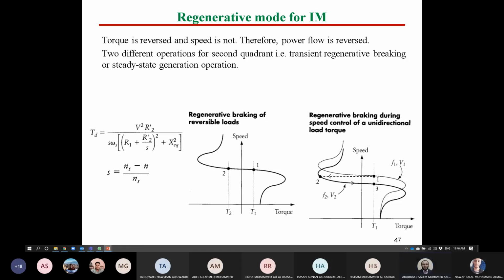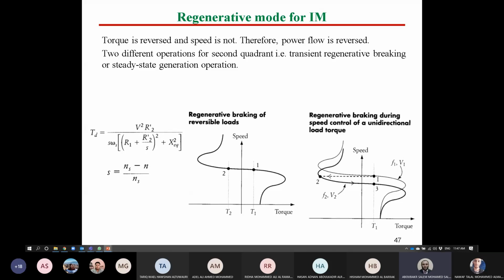So, in terms of relation, how can we transfer the characteristics of the machine during this part, and take care that this is not happening all the time. This can be only for part of the time. It can be made for a long time if it is a reversible load.